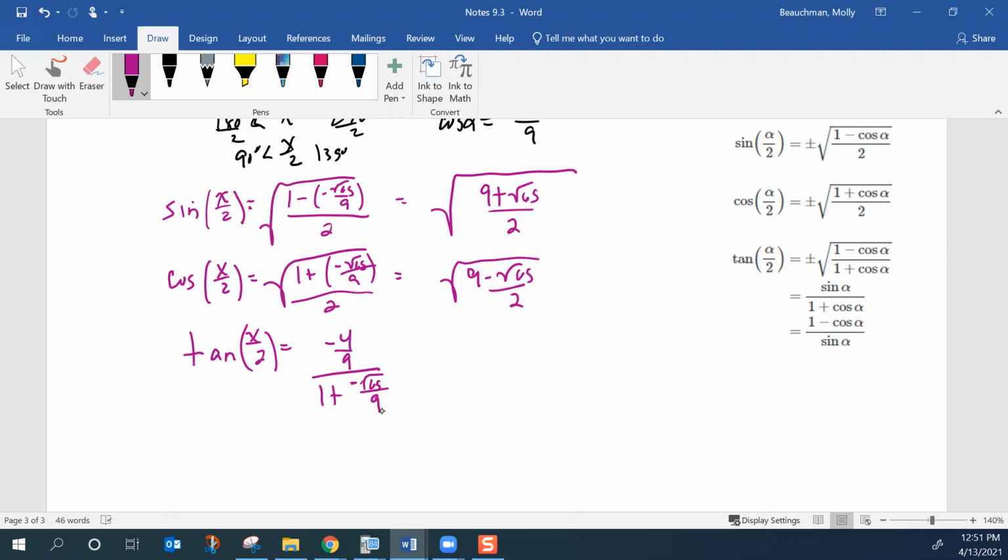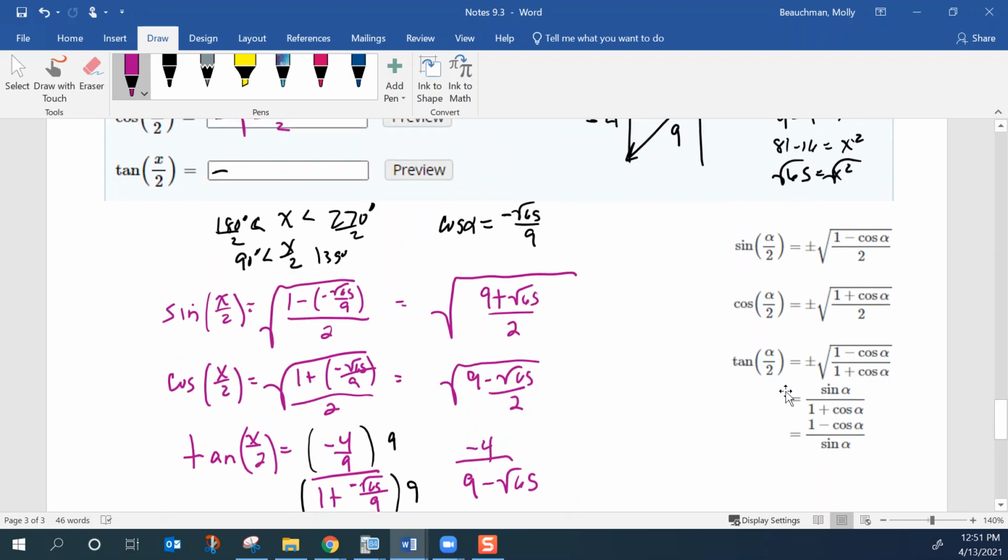So 9 is the common denominator. Multiply the numerator and denominator by 9 to simplify your complex fraction. And we end up with negative 4 in the numerator over 9 minus the square root of 65.